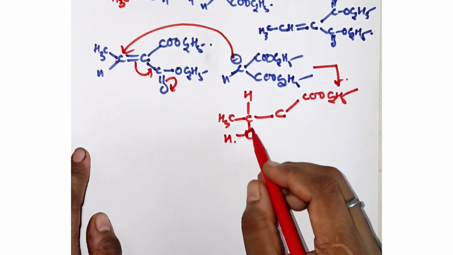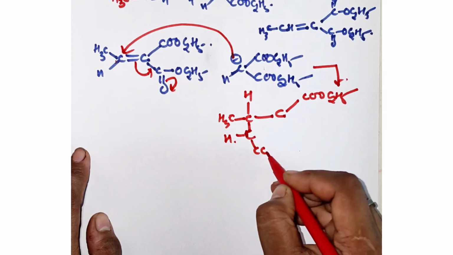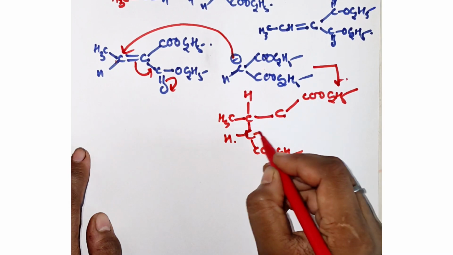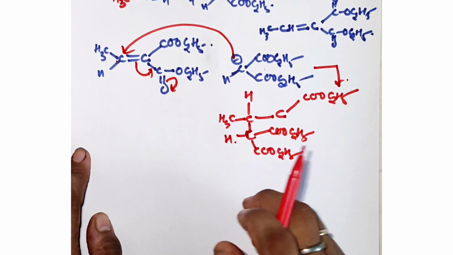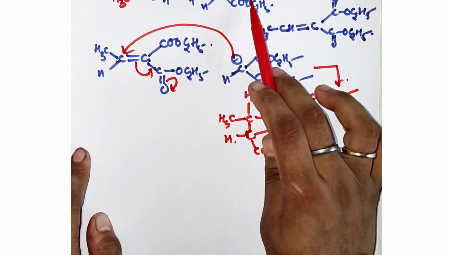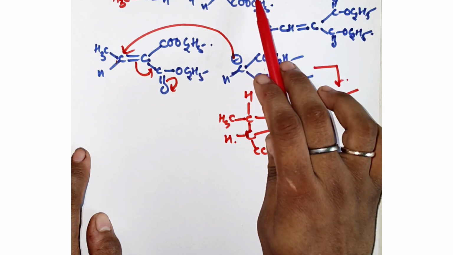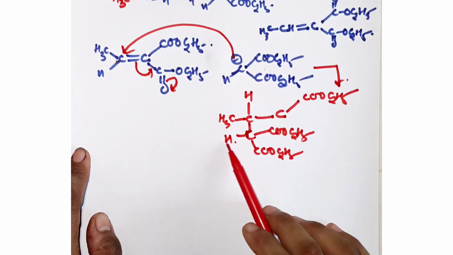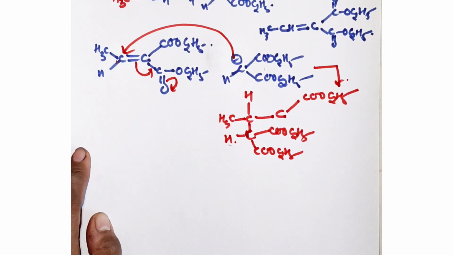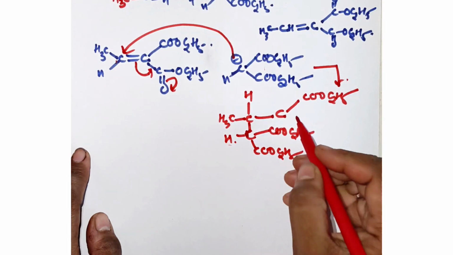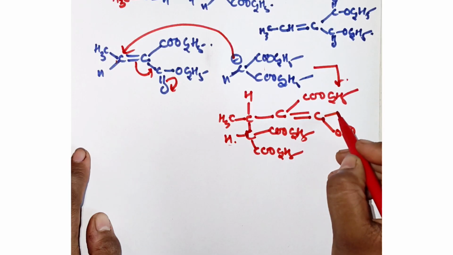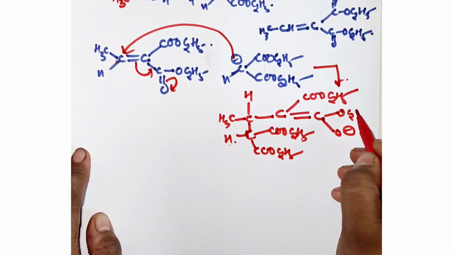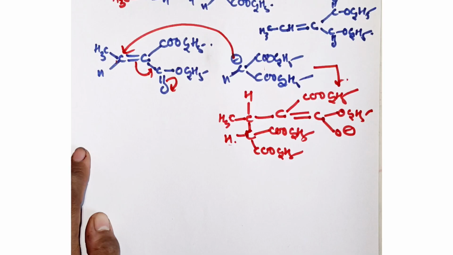Here it is attached, again with COOC2H5 twice from this molecule. The active methylene compound is in excess, so this addition reaction is now going to form this. Here is the carbon, again a carbon with a C=O, O minus, and then OC2H5.